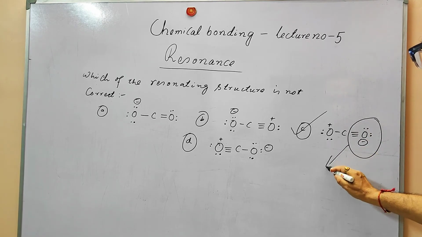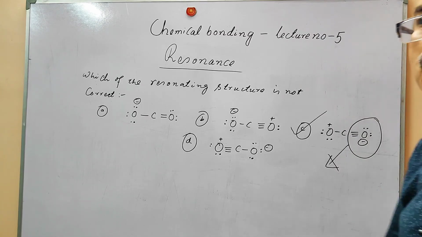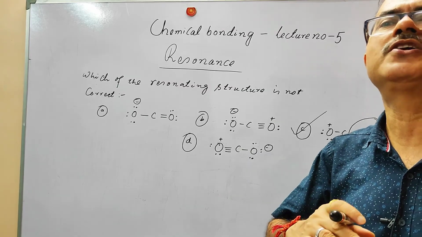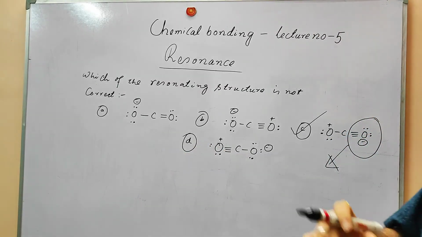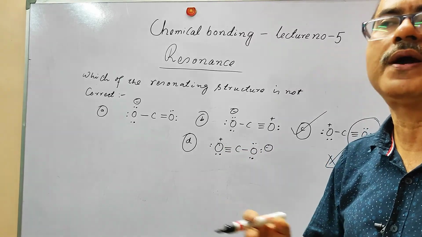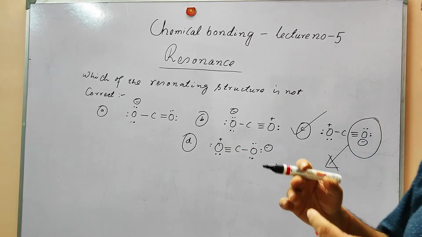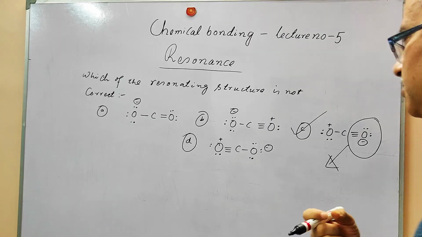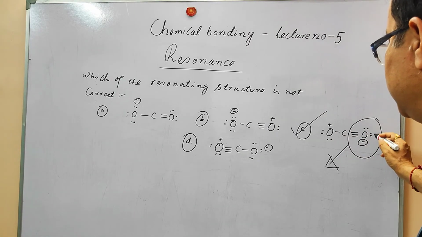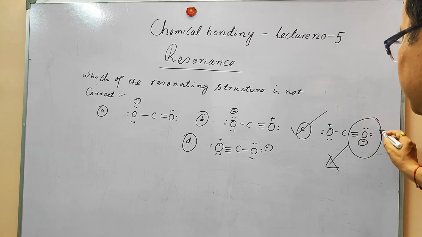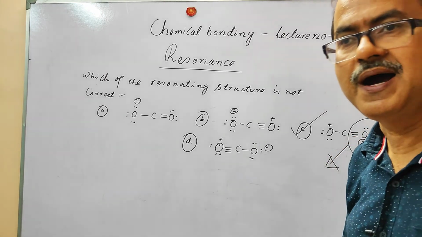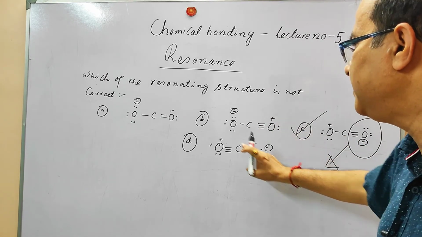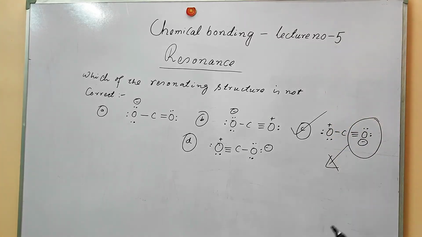But 10 electrons is not possible because oxygen does not have a d orbital, so it cannot expand its valence. How can it accommodate more than 8 electrons? That is not possible for this atom. So this structure is not possible, because the oxygen atom is surrounded by a total of 10 electrons. So this will be the answer.